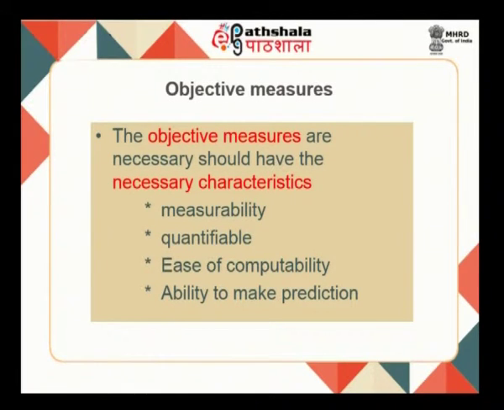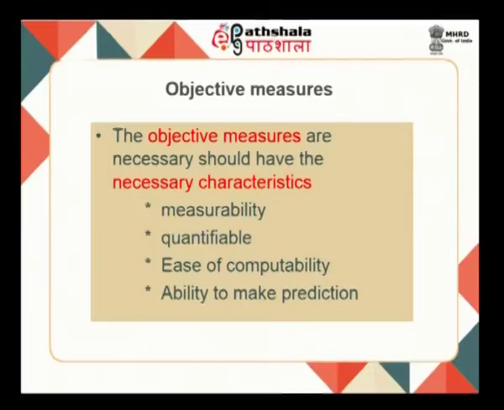Objective measures are mathematical ways of making comparisons. These are metrics that are based on solid mathematical foundations and principles. The necessary characteristics of objective measures are listed below. Number one is measurability. That means we should be able to measure in terms of a formula.